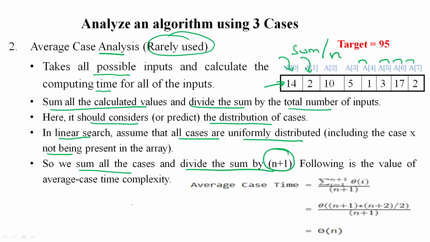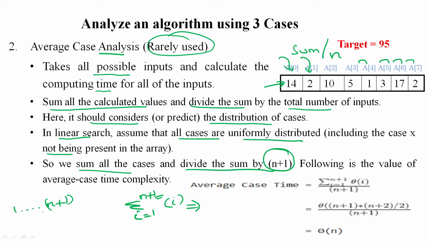This is represented using the sum of i equal to 1 to n plus 1, because whether that element is available or not, we will search. So finally we are starting from 1 to n plus 1.